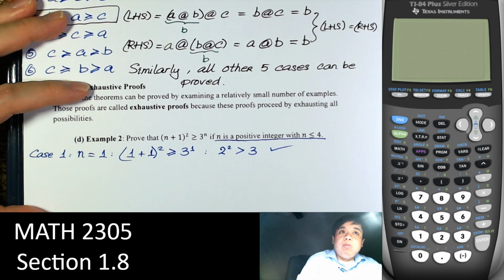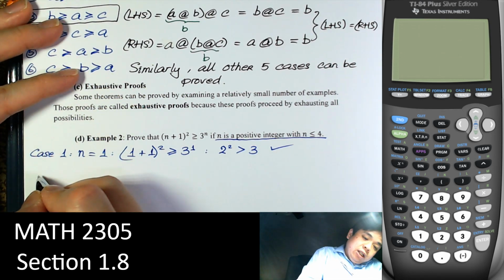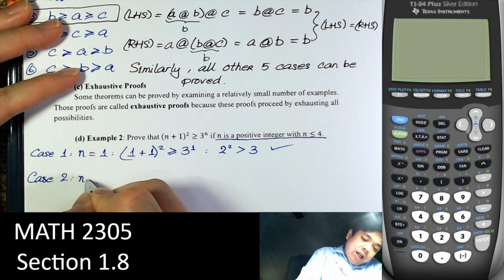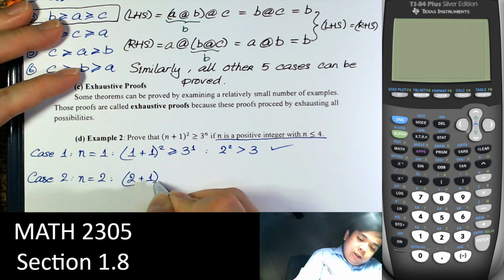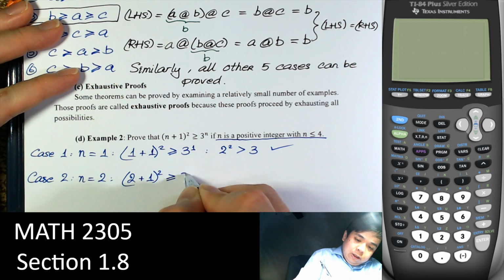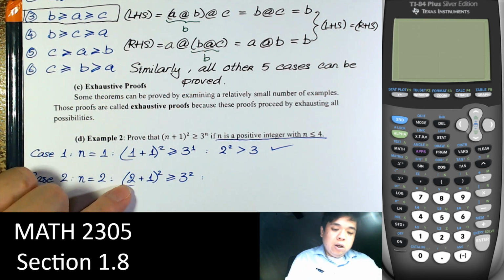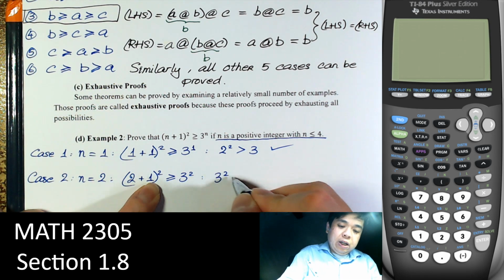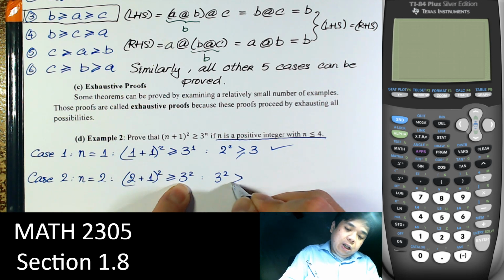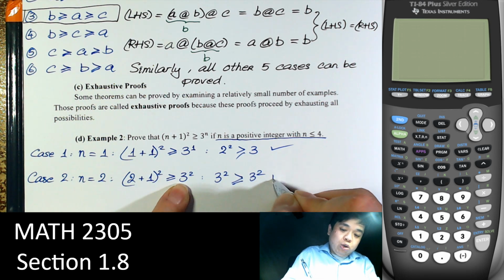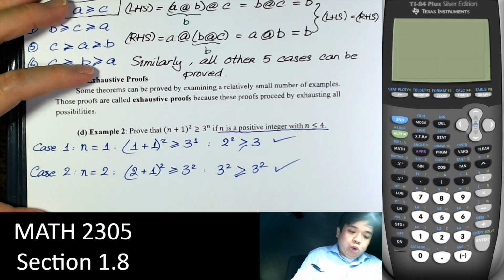So case number 1 is good. Case number 2, when n equal to 2. Put 2 in for n. So 2 plus 1, 3 squared. And that is greater than or equal to 3 squared. So that is also true. They are equal, but still true.